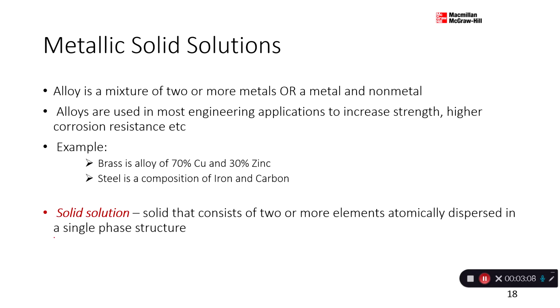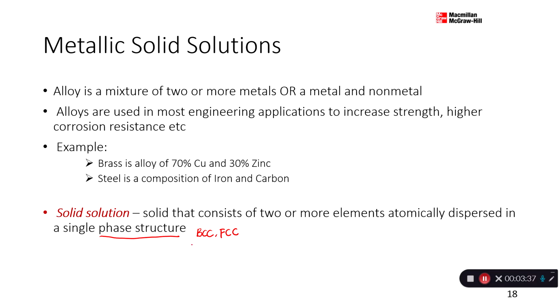Okay, so a solid solution is when the solid consists of two or more elements atomically dispersed in a single phase structure. Alright, so what is a phase structure? Let's recall, phase structure can be the common ones that we have learned. BCC, FCC are two of the examples.